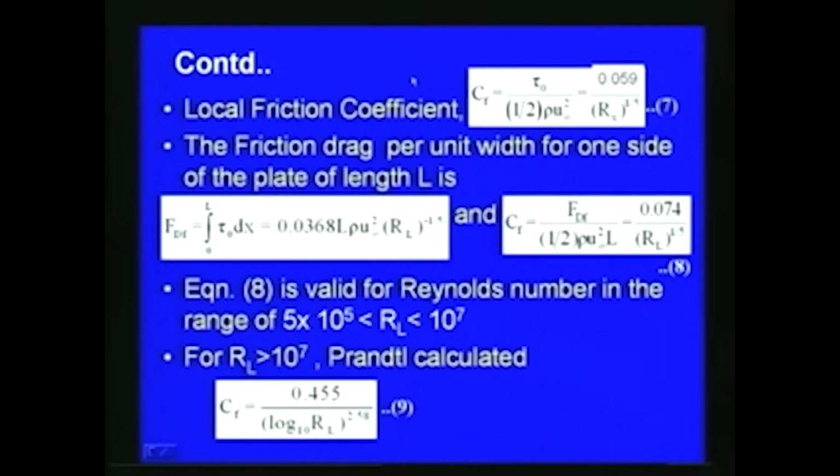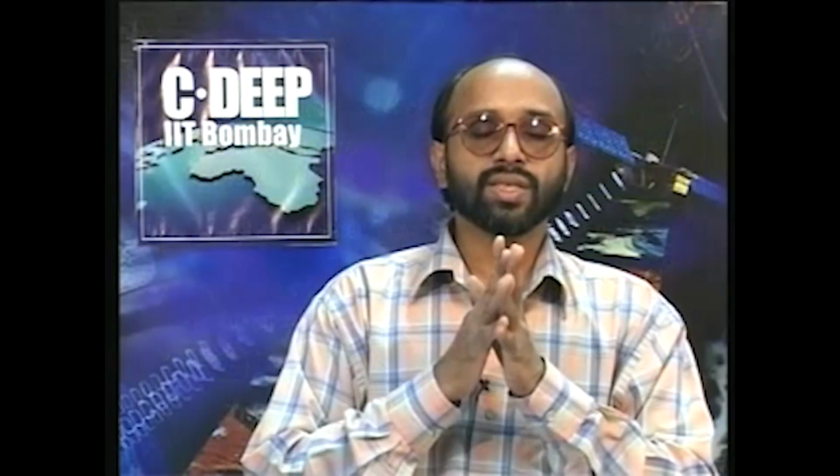Then we have seen the local friction coefficient Cf is equal to 0.059 divided by Rx to the power 1 by 5, and from the calculations for Reynolds number greater than 10 to the power 7, Prandtl calculated the coefficient of drag Cf as 0.455 divided by (log10 RL) to the power 2.58.